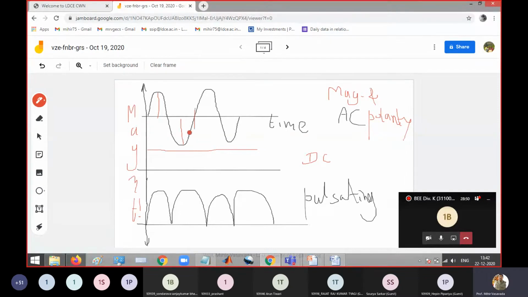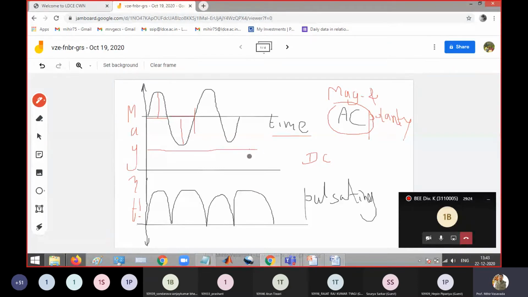That means if you consider this as one cycle, then for this half cycle, the polarity is positive. For this half cycle, polarity is negative. Right? Again positive, again negative. So AC, alternating current or voltage, is that voltage or current in which the magnitude and polarity both continuously change with respect to time. While DC is that voltage or current in which neither magnitude nor polarity changes with respect to time.